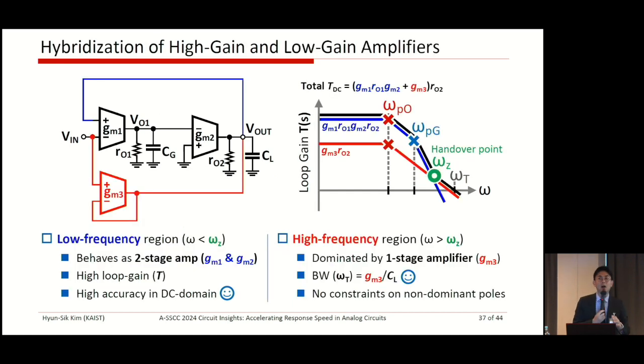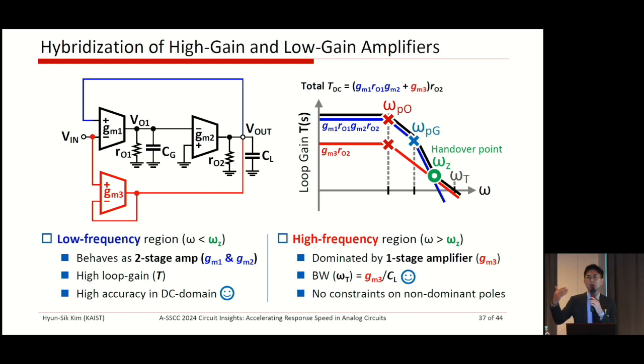Without using the Miller compensation capacitor, we can imagine more innovative circuits, right? So here is one example: hybridization of a high gain and a low gain amplifier. We return to the basics of why we try to use the multi-stage design.